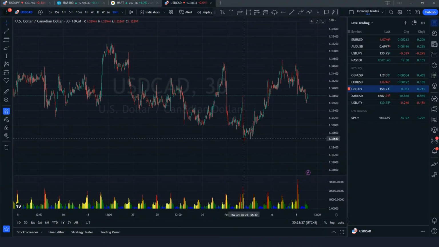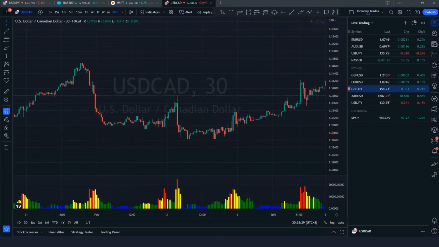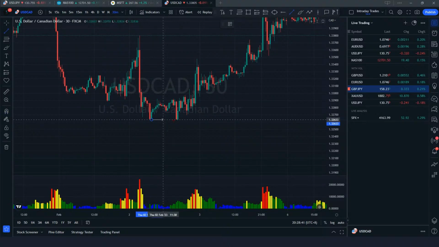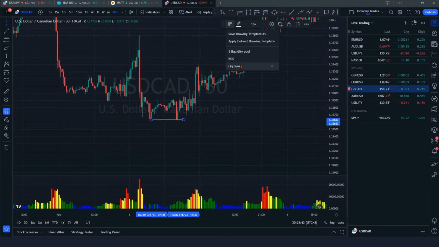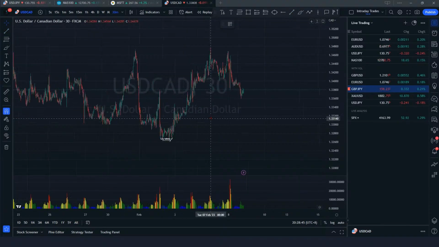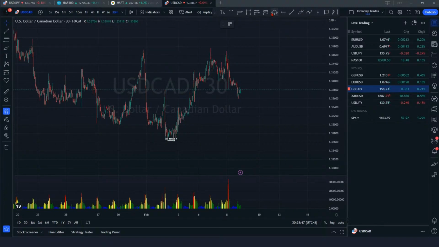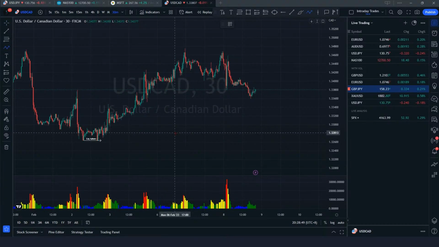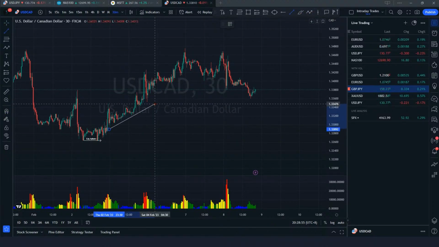Okay, we have equal lows here. Liquidity was taken, and we are on an uptrend. So we do have quite a lot of liquidity over here, so it could be taken.